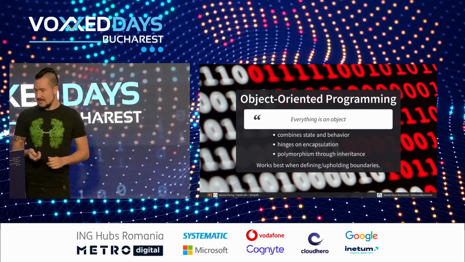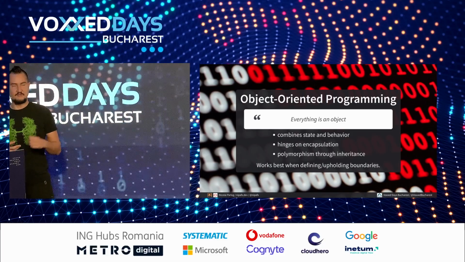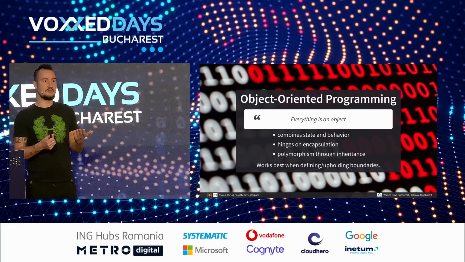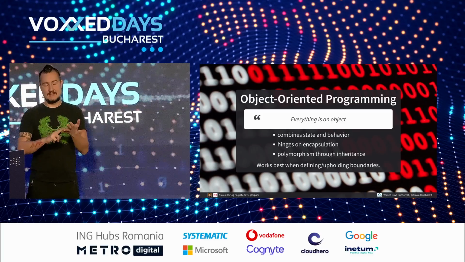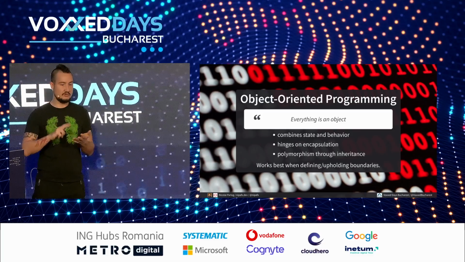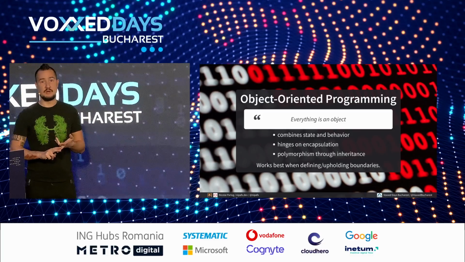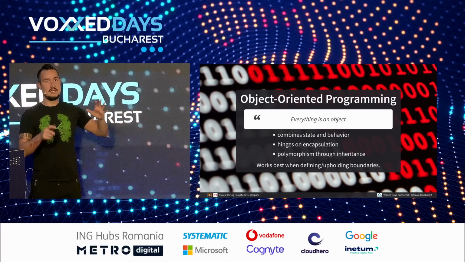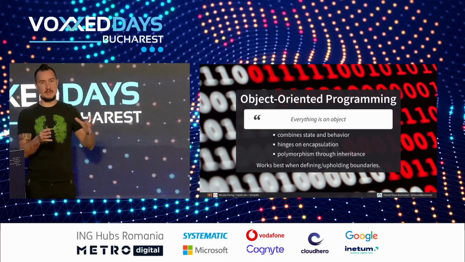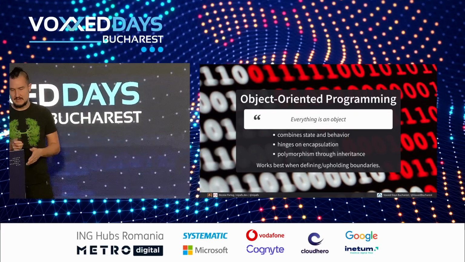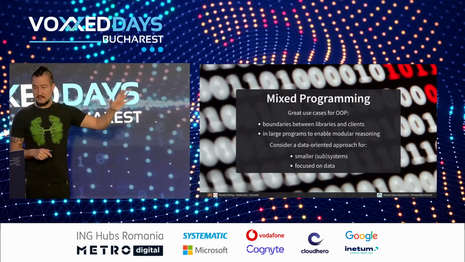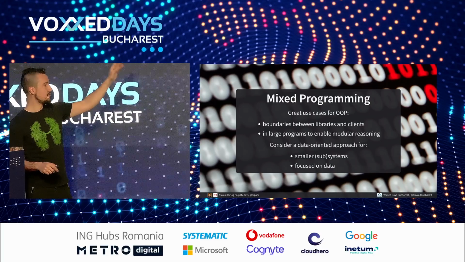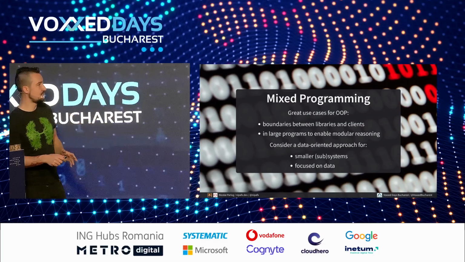And it works best when we're upholding or defining boundaries. That could be boundaries between a client and an implementer of a library, or it could be across different versions. It could be security boundaries. There's tons of different boundaries, and object-oriented programming excels in defining and upholding these boundaries. So, as I said, great use cases for that are when it is about boundaries, and that makes it particularly useful for large programs, right?